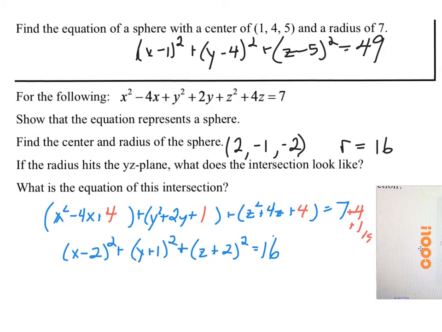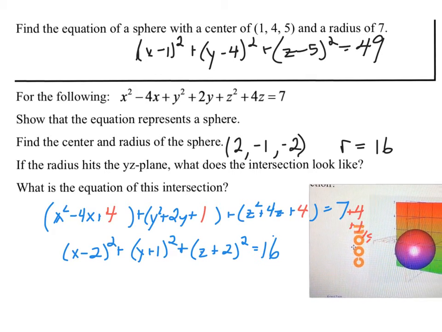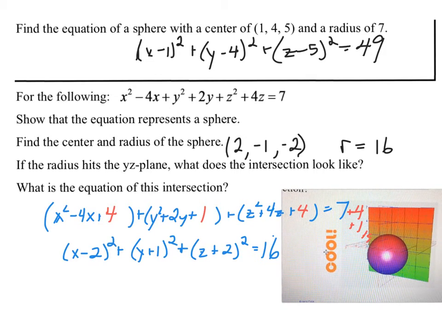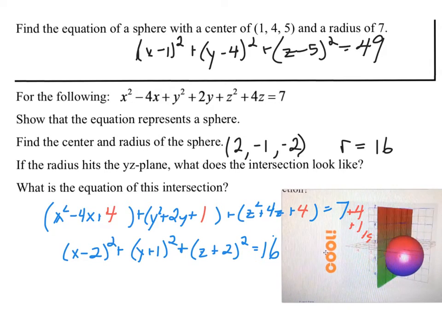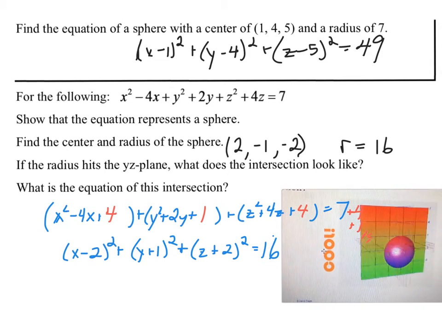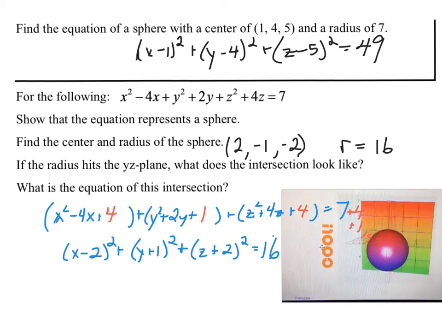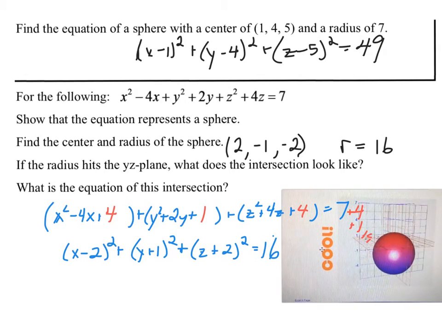Now, next question is, if this sphere hits the xy or xyz plane, what does that intersection look like? Let me drag this over and show you what this thing looks like when it spins around. It's going to look like a circle.